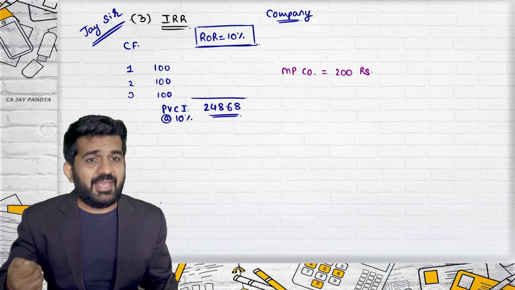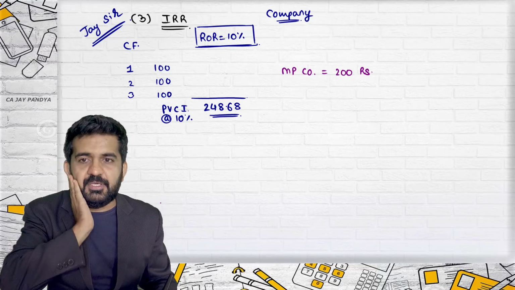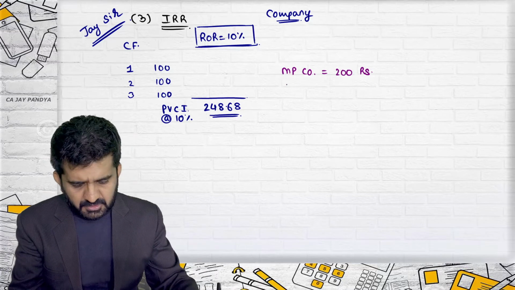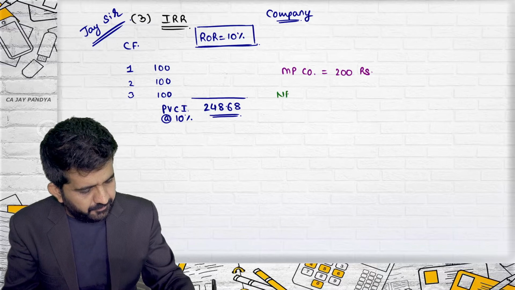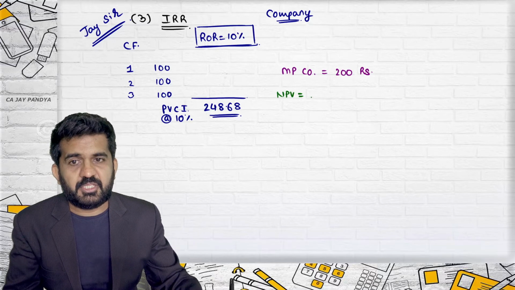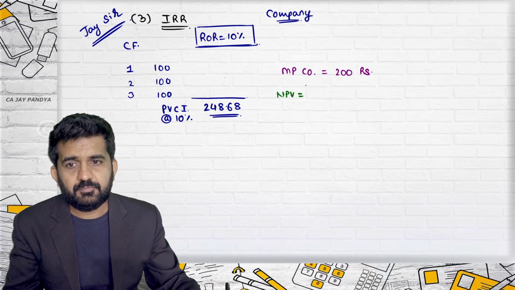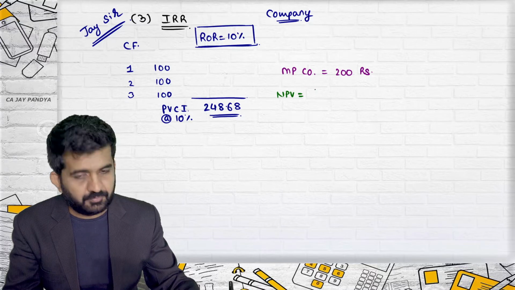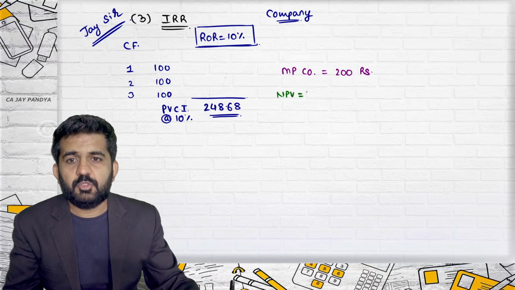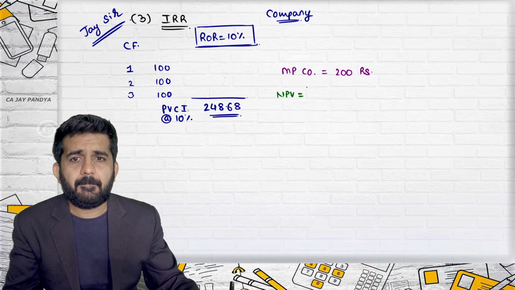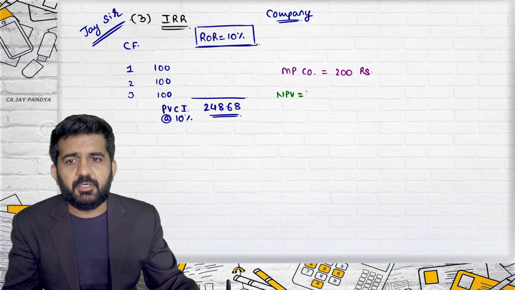What will be my NPV? Can any student help me out? It is very easy. Aman, do it fast. What is my NPV? Along with calculation. You are not audible to me. 248.68. Drashti, can you help me out?